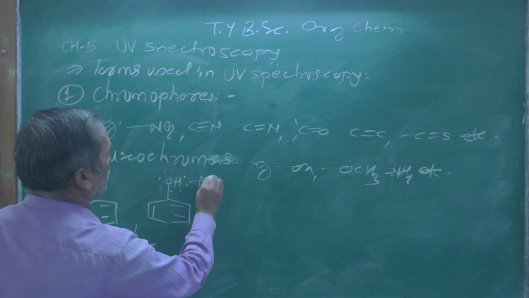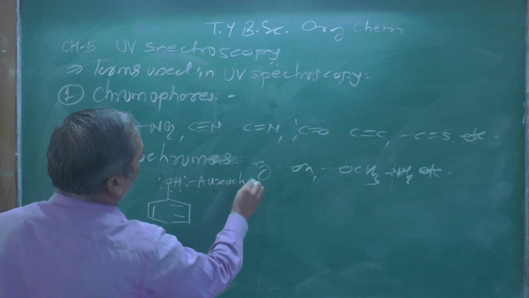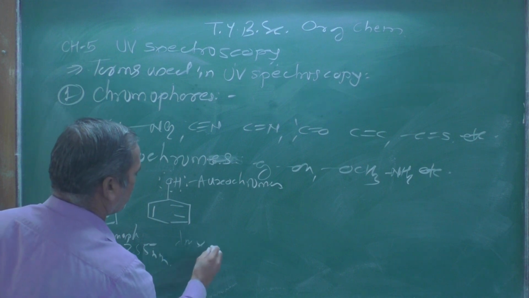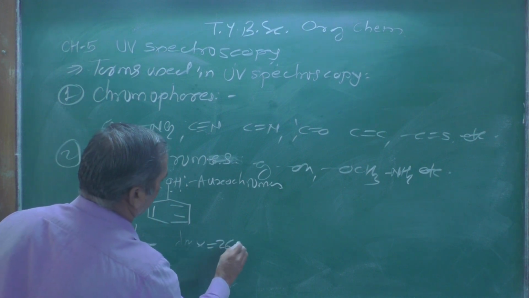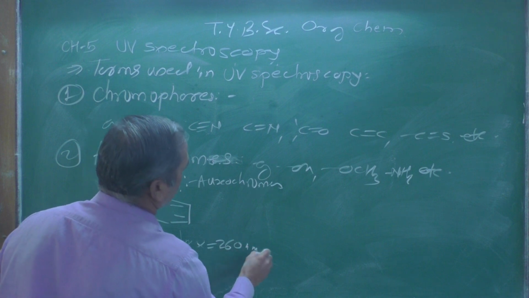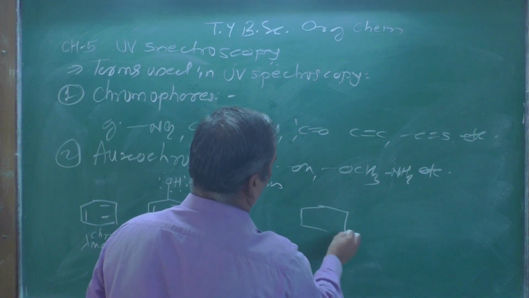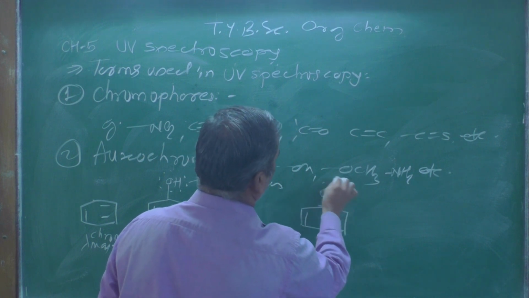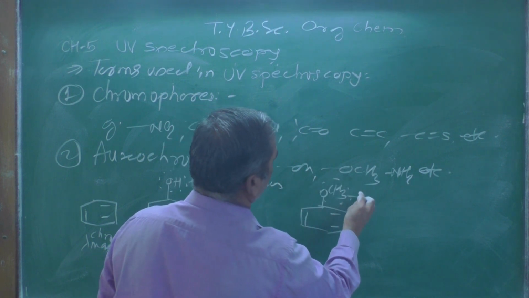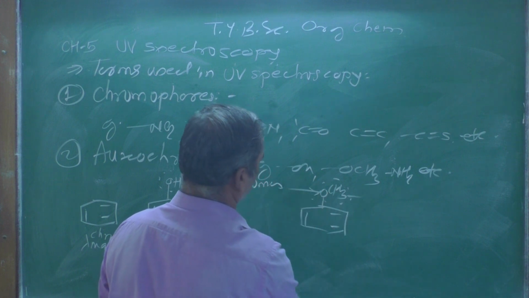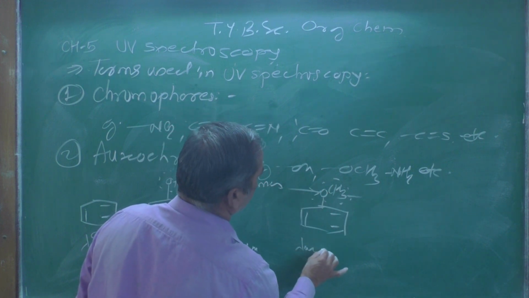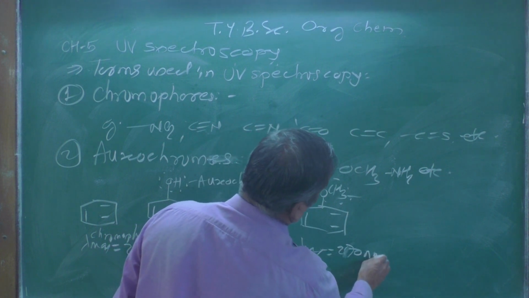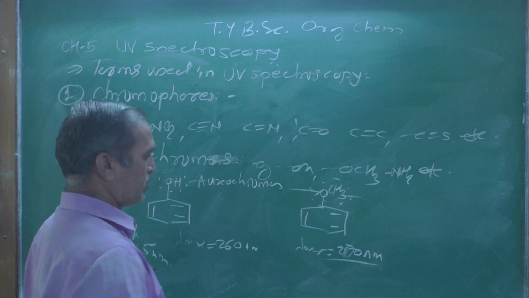This is called an auxochrome. So lambda max is found to be 260 nanometer. If we have another example, OCH3, toluene, this is an auxochrome, and the lambda max is found to be 270 nanometer or 265 nanometer.